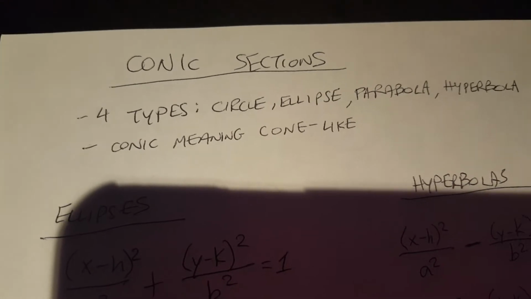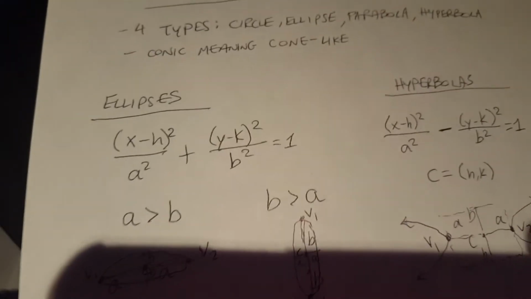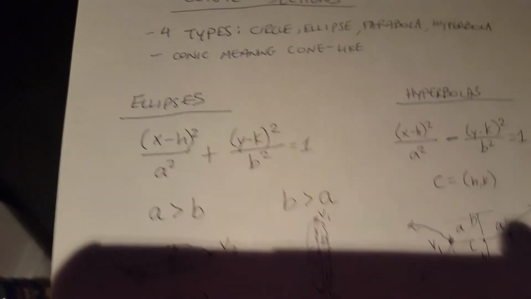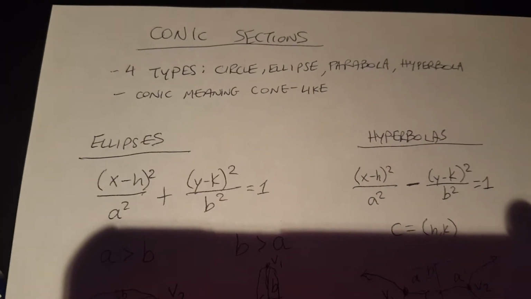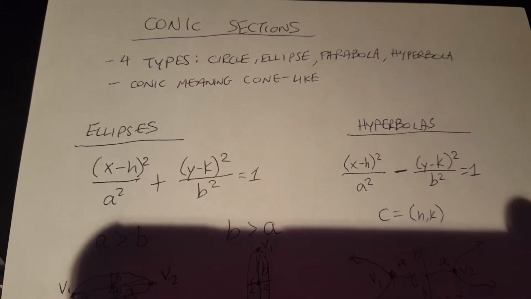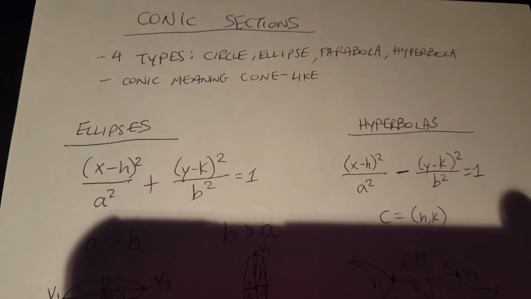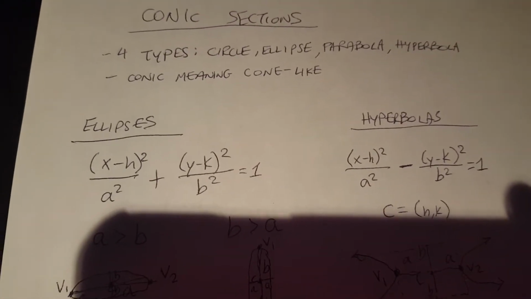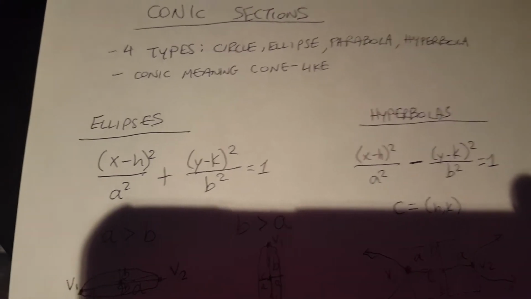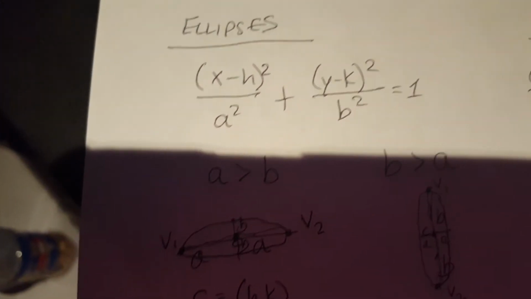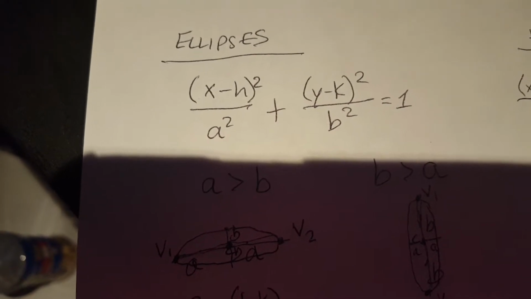First of all, when it comes to ellipses and hyperbolas, they're pretty much only similar in the sense that their equations are similar. The equation of an ellipse is (x minus h) squared over a squared plus (y minus k) squared over b squared equal to 1.